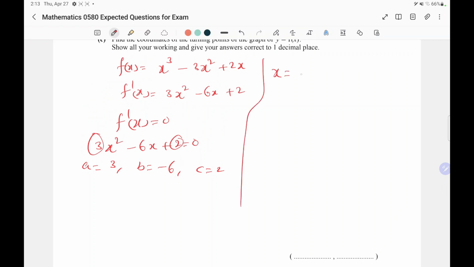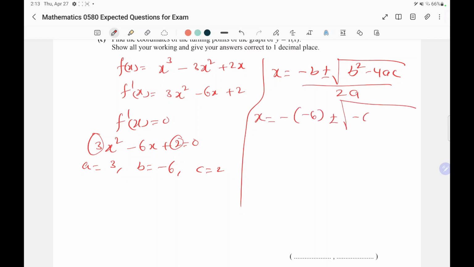Now x equals minus b plus minus root b squared minus 4ac over 2a. So x equals minus minus 6 plus minus root of minus 6 squared minus 4 times a which is 3 times c which is 2, over 2 times 3.